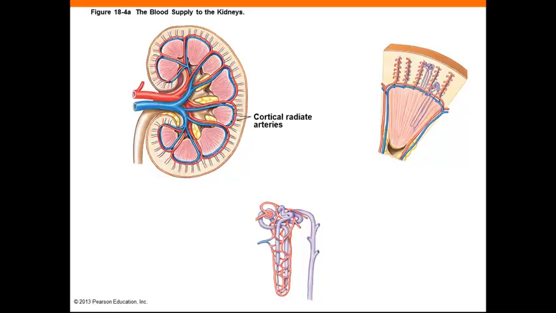This then enters the cortical radiate artery and the interlobular arteries. From there, blood enters the afferent arterioles and then the glomerular capillaries, which then enter the efferent arteriole.